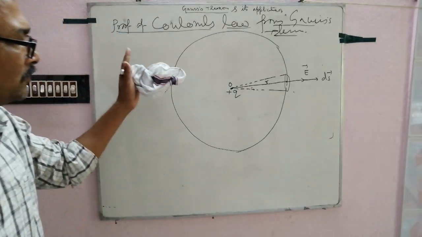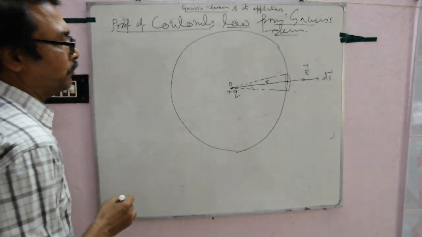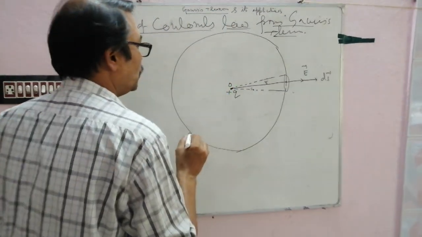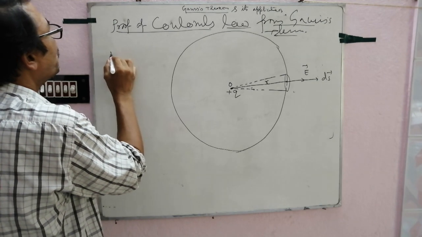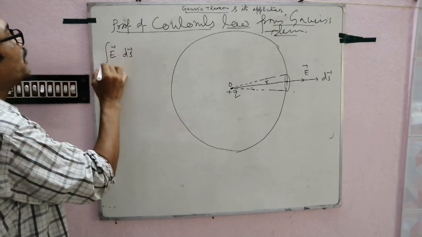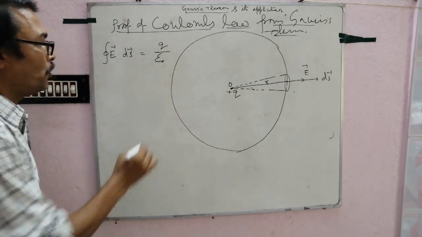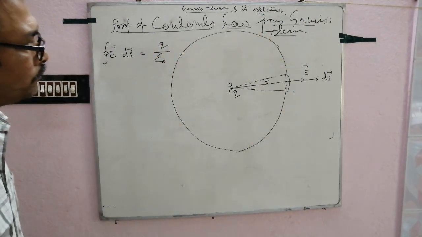If we take a non-symmetrical surface, then it may be proved, no problem. So here, the integration of E dot ds equals Q by epsilon naught. This is Gauss's theorem. We proved Coulomb's law from Gauss's theorem.